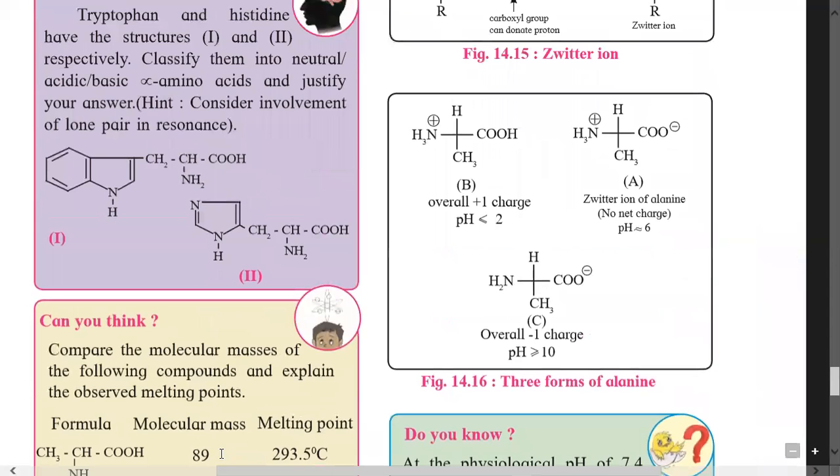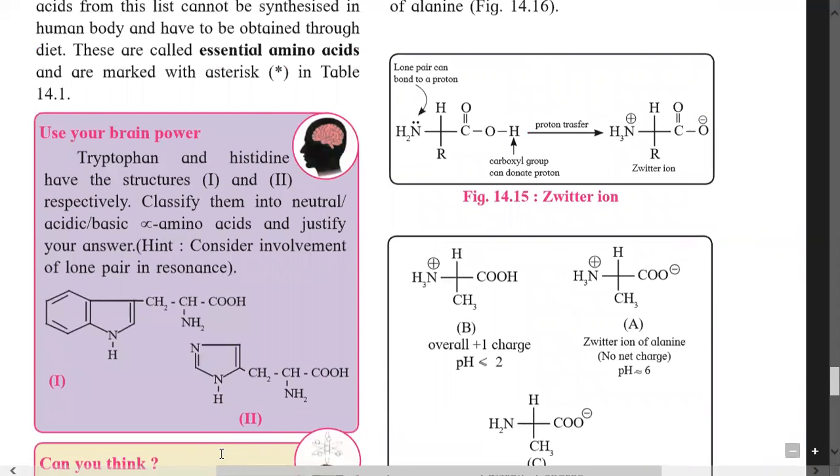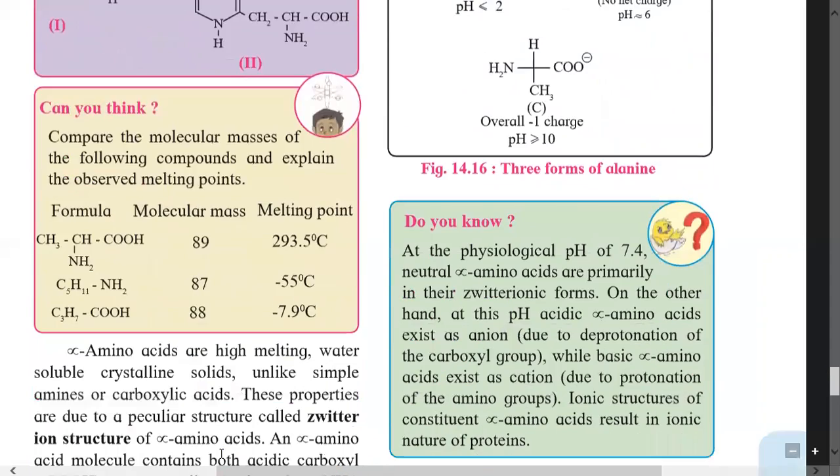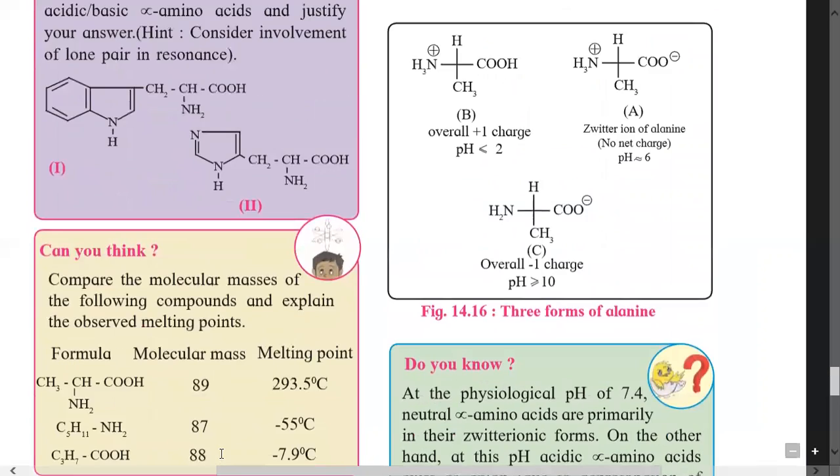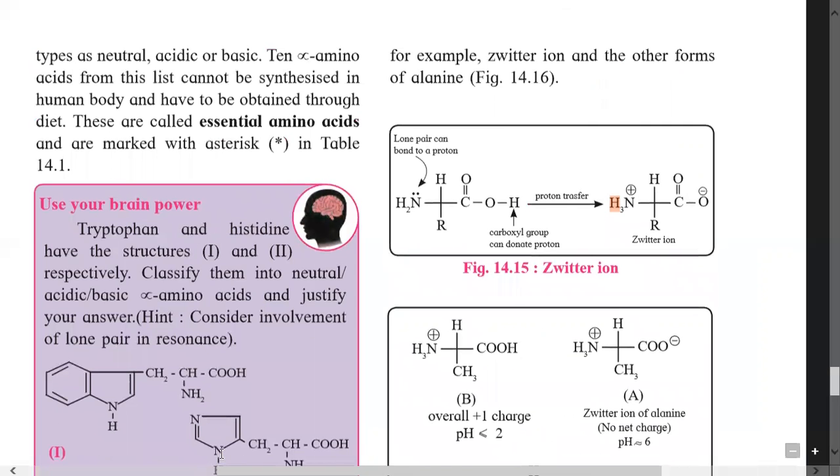We will study in this structure how the Zwitter ion is formed. So this structure is the Zwitter ion containing one positive and one negative charge. Amino acids can exist in different forms depending upon the pH of the aqueous solution in which they are dissolved. Consider this example of the Zwitter ion and the other forms of alanine.